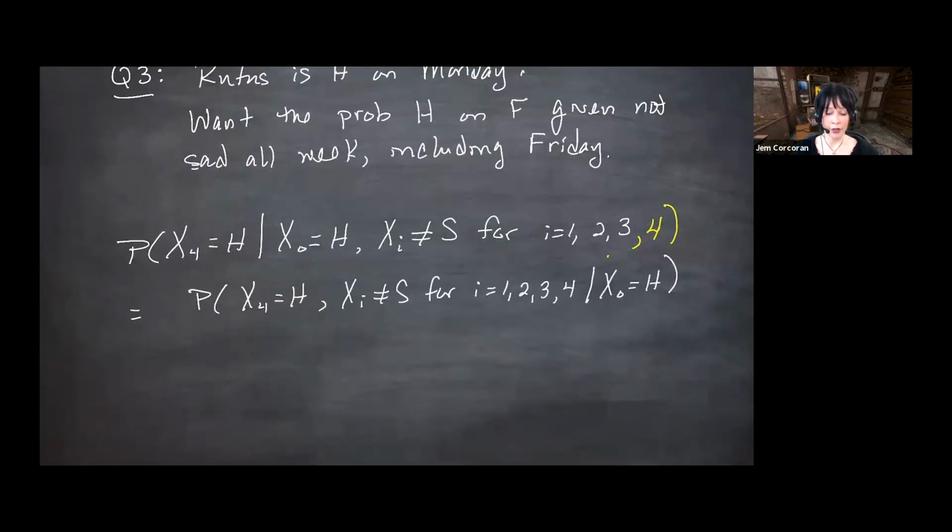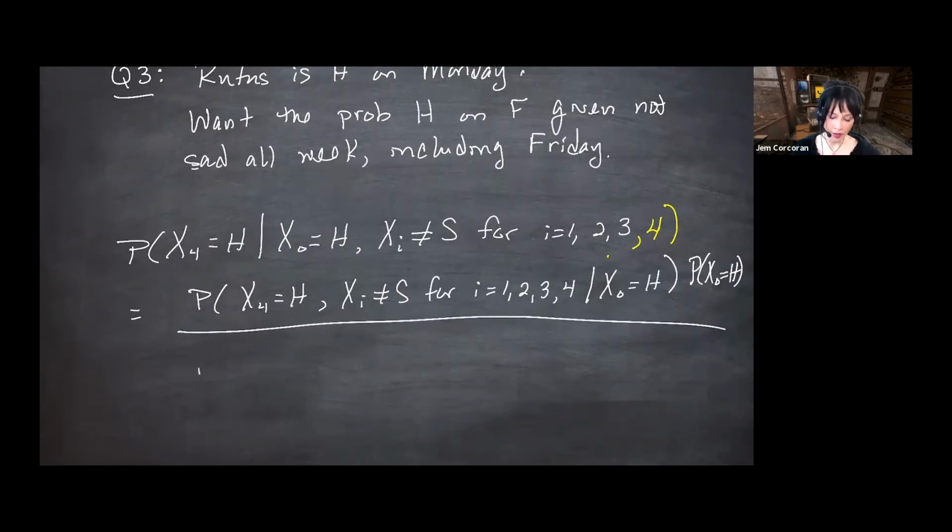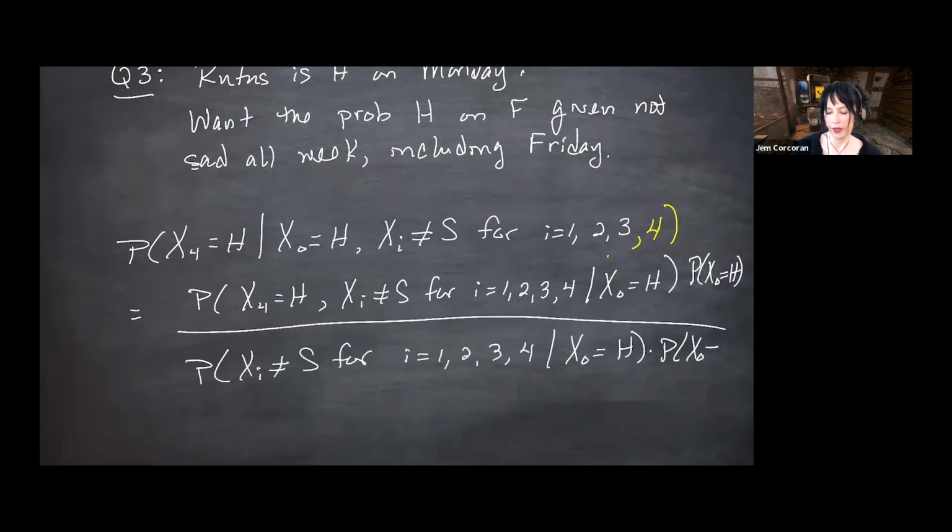And really, although you don't have to write this, this should be times the probability that X naught is happy, because that's going to cancel with what's in the denominator. So that's going to go away anyway.